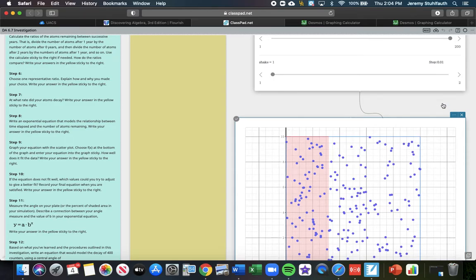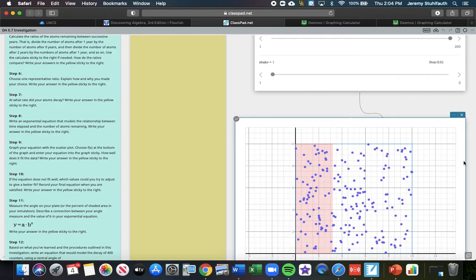and we put 200 particles or 200 atoms into the atmosphere right here. And then we let some time pass, and as time passed, we watched the particles move around, and then they stopped. And when they stopped, the particles that were in this red zone were particles that had decayed, and they were no longer in our system.